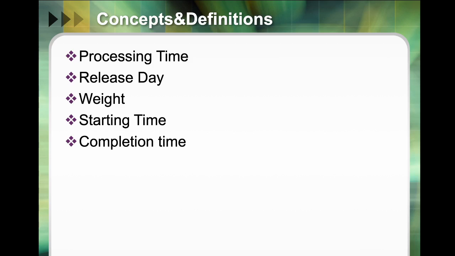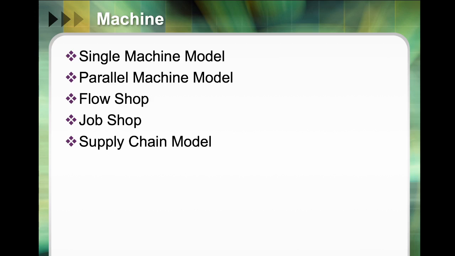And the second one that we are interested in is the job shop model. In a multi-operation shop, jobs often have different routes, right? So this kind of environment we call the job shop model.